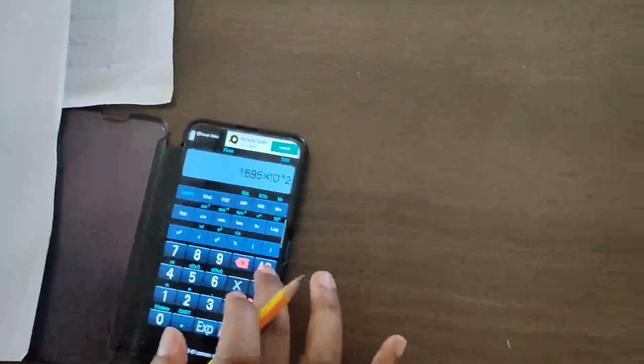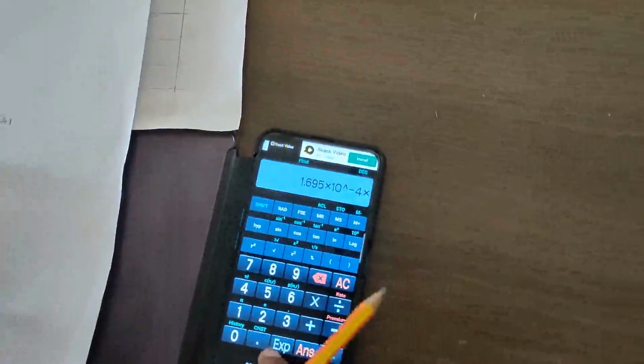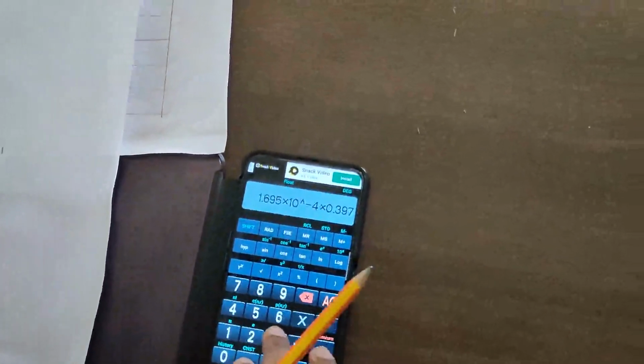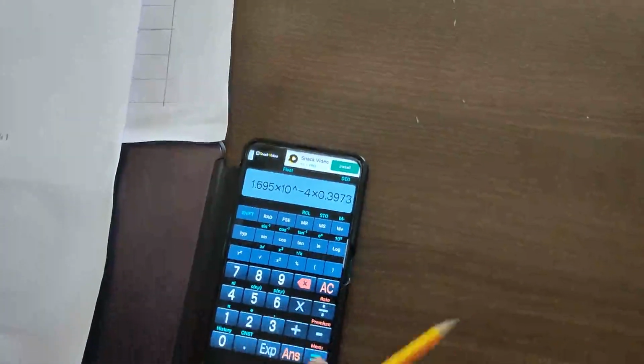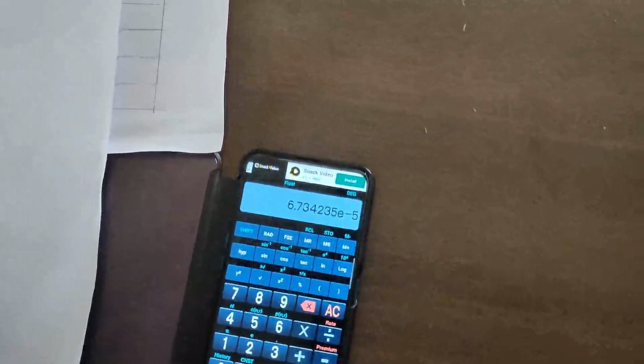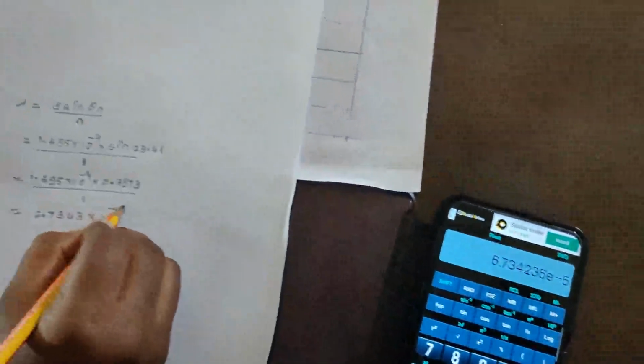So the calculator is changed now. Okay, then 1.695 into 10 raised to minus 4 into 0.3973 is equal to 6.7343 into 10 raised to minus 5.